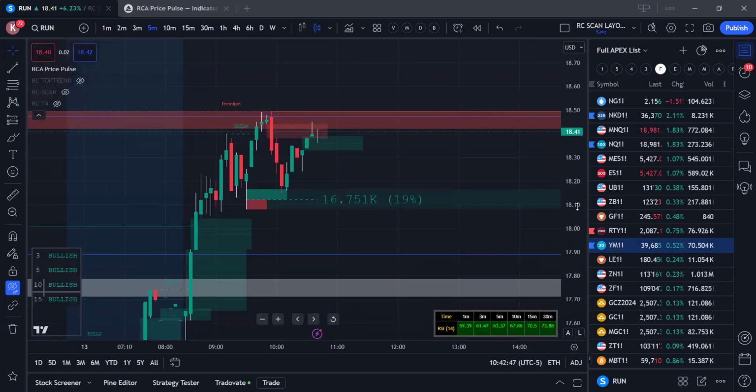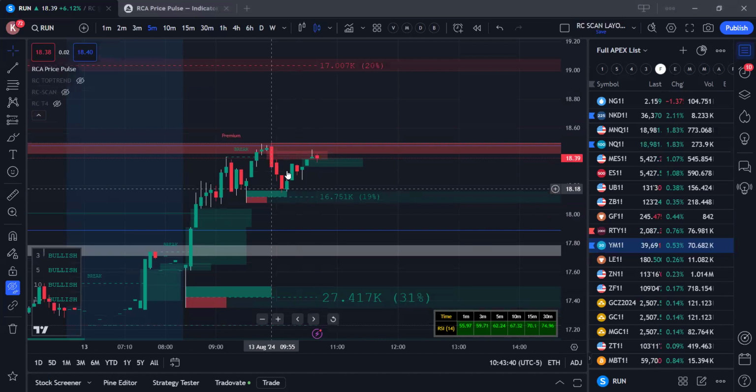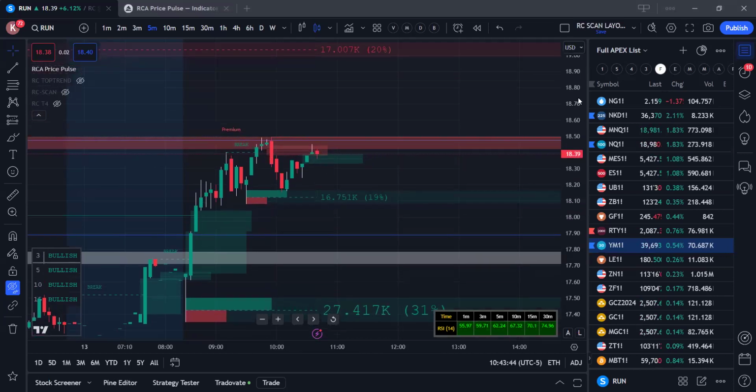My run is already moving good. There's a high chance for it to break the resistance.